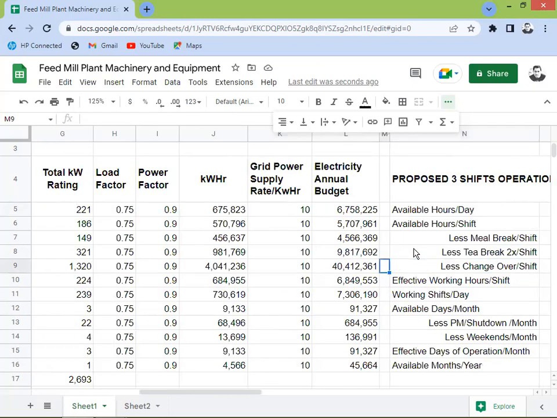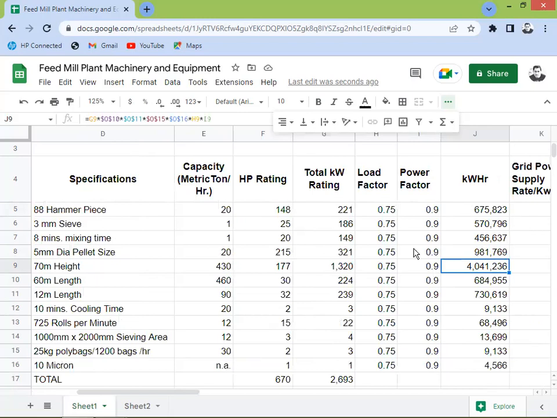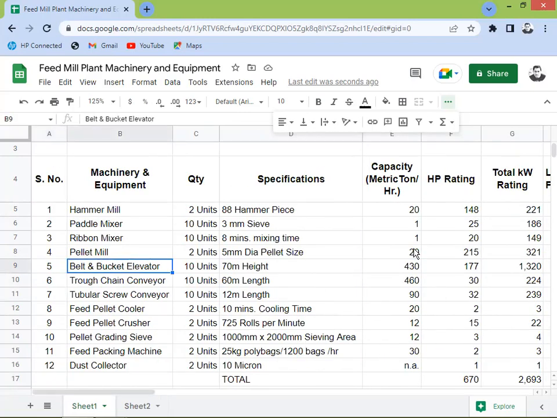By the way, I have not included the other equipment, and also the lighting system. The lighting system is minimal. The kilowatt rating of the lights is not that high. But when you're doing your planning session, you include all the equipment or devices that require electricity.